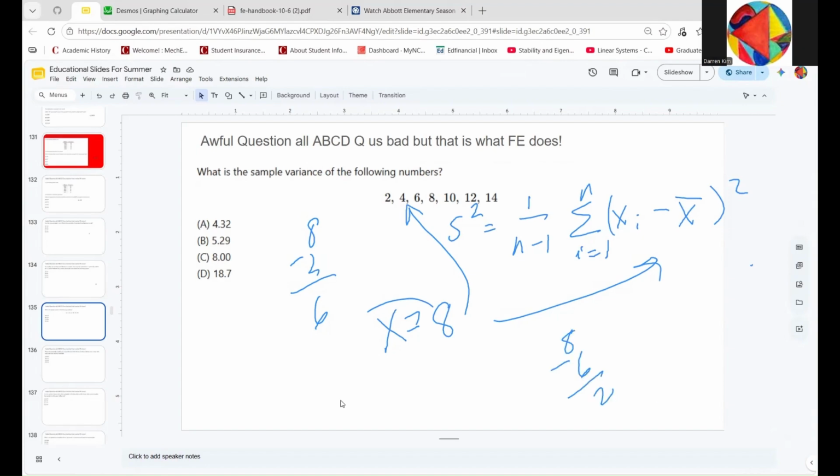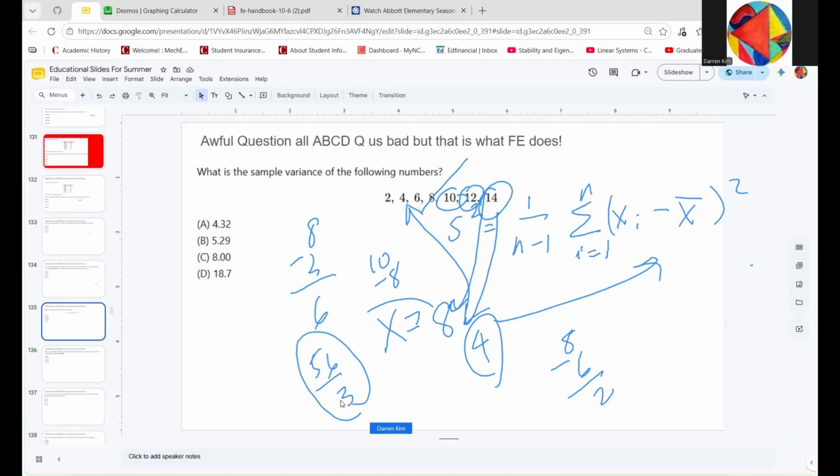Plus 10 minus 8 is 2 squared. And then here's 4, 4 squared, and 8 is about 6 squared. You parenthesize that and you get 56 out of 30, which is equivalent to 18.7.